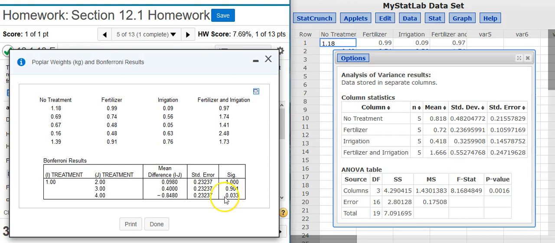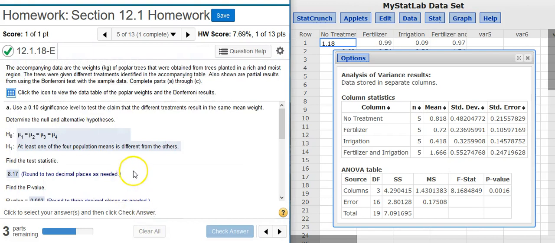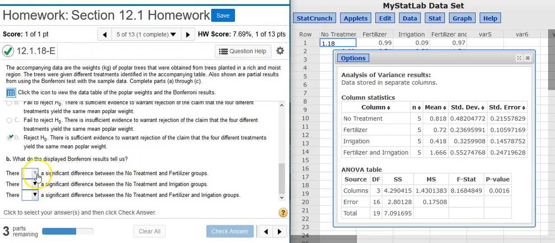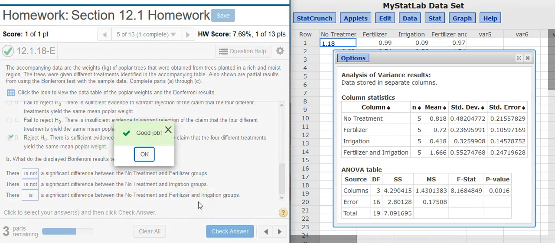But here, this last one, 0.033, that's going to be less than 10%. Therefore, there is a significant difference when we're looking at these last two pairings here. So I'm going to go ahead and update my answer fields in the drop-down menus with those conclusions. I check my answer. Good job!